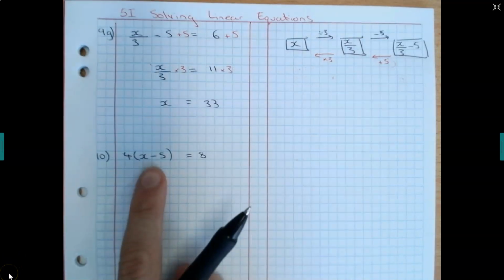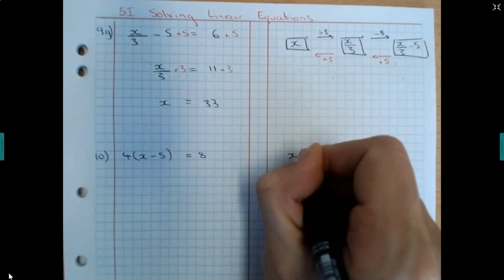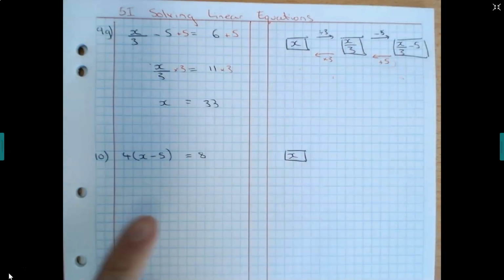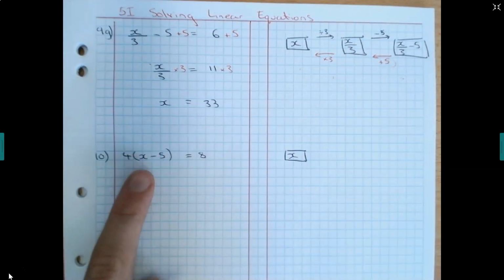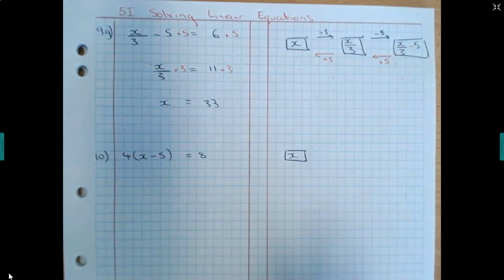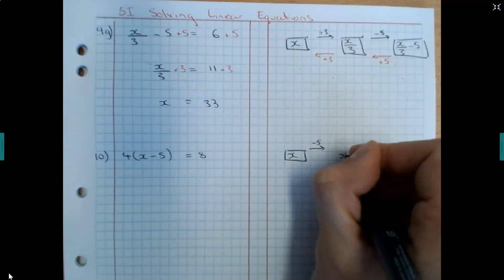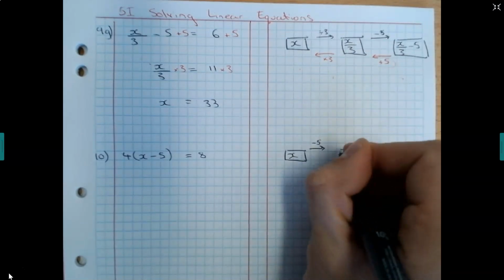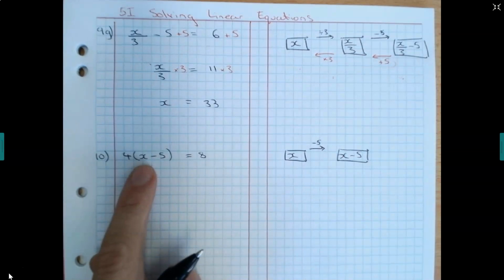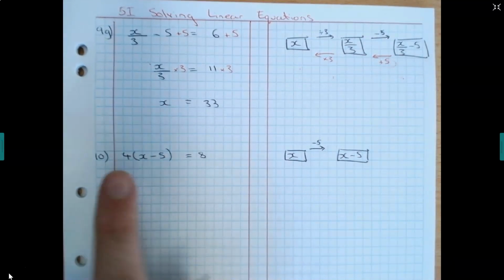In the second one, if we're building this expression on the left, again, we always start off with the x. We want to create this expression, so what's the first thing that has to happen to the x? We subtract the 5 to become x minus 5, but we're not quite there yet because we still need to multiply by the 4.